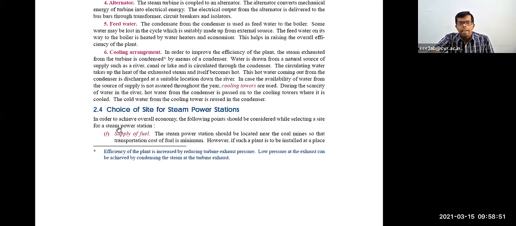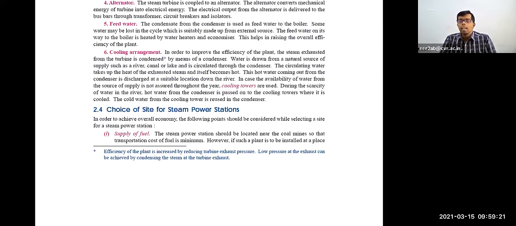Again, choice of site for a steam power station. Supply of fuel: it should be nearby. As I already said, if your coal steam power station is located near coal mines, the transportation cost will be very, very minimal.